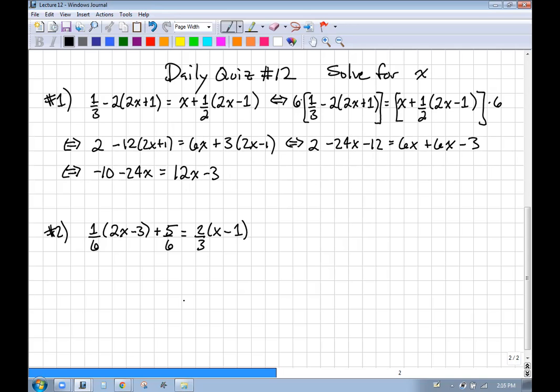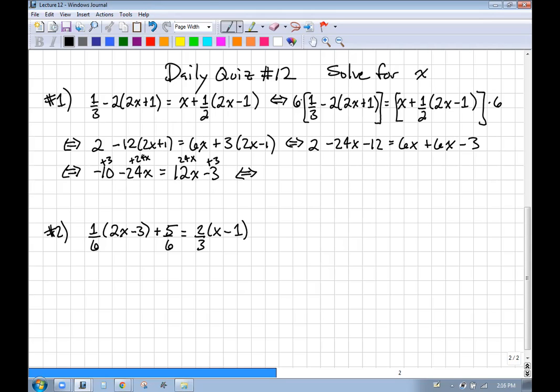So now let's get our x's all together. I could add 24x to both sides. Okay, so these x's are going to go away. I'm going to have x's right here. So let's also get rid of this 3.